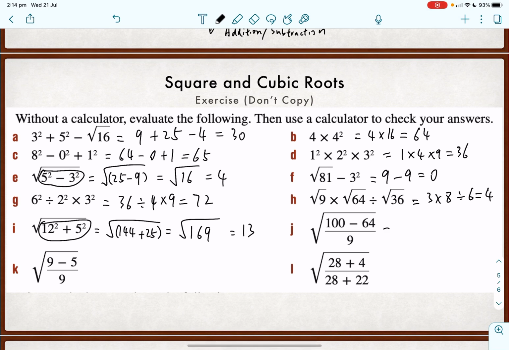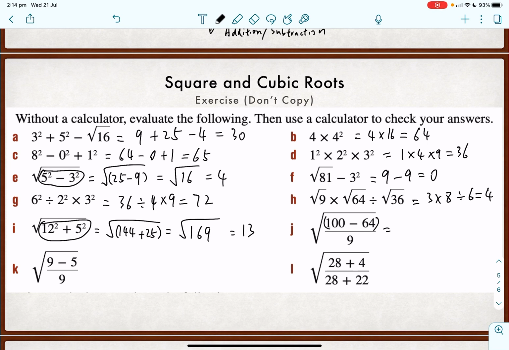Okay. Now in here, we got square root and multiple numbers inside the square root, so you need to do inside the square root first. Now inside there you got a fraction and a bracket on top. When you have a fraction with terms on top or bottom, you basically need to put in a bracket.